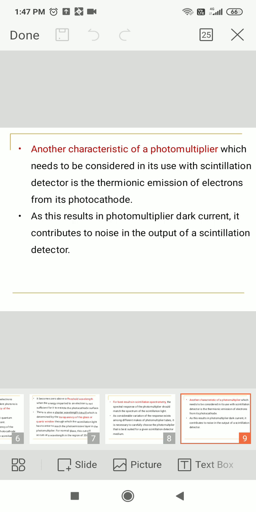Another characteristic of a photomultiplier which needs to be considered in its use with a scintillation detector is the thermionic emission of electrons from its photocathode. As a result, photomultiplier dark current contributes to noise in the output of the scintillation detector.